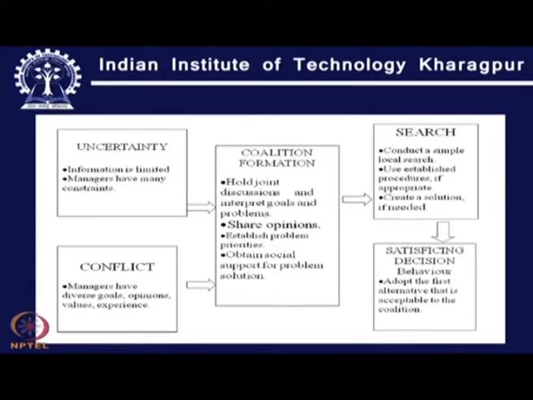These come together in coalition formation, where they hold joint discussions and interpret goals and problems, share opinions and obtain social support for problem solution, leading to a search for established procedures, and if appropriate, create a solution if needed, and a satisfying decision, in the sense that it is one of the processes where you choose the first alternative which arrives and move forward in that way.